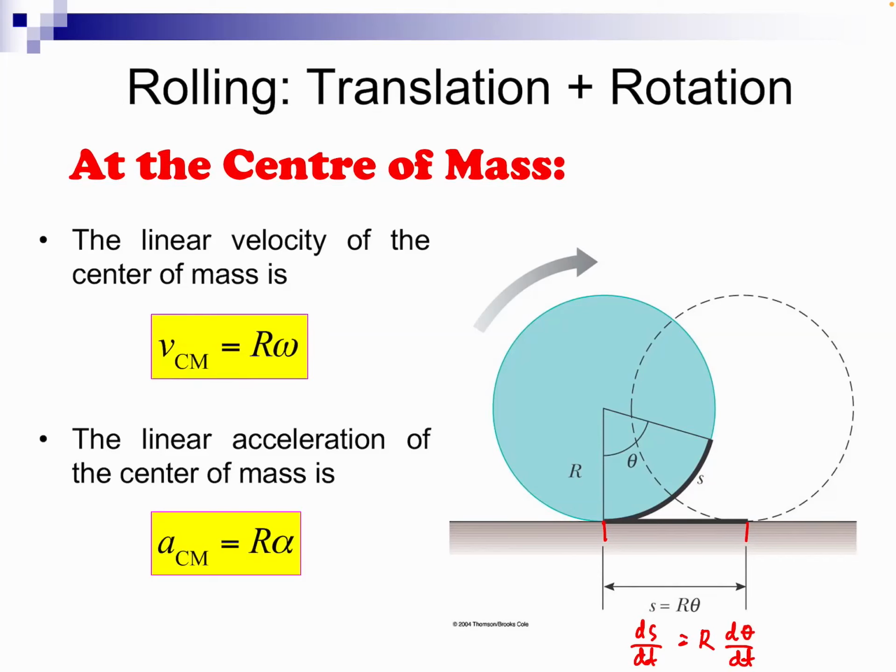Therefore, we can relate the linear motion of the center of mass to the rotational motion of the object. So this v is linear velocity. It's equal to the radius times the angular velocity omega. Remember, it's angular.